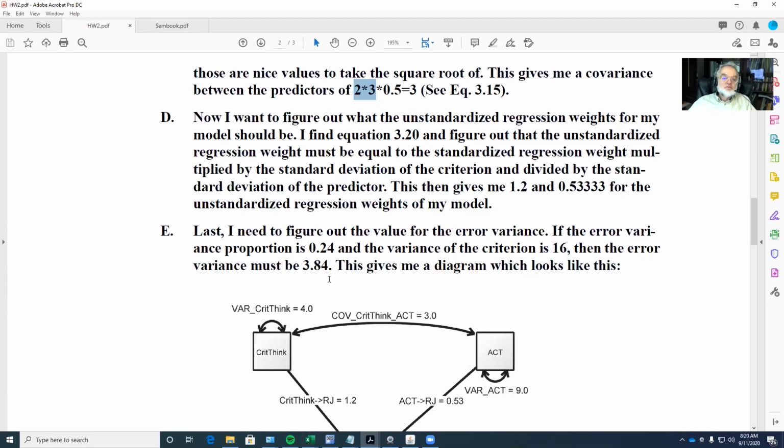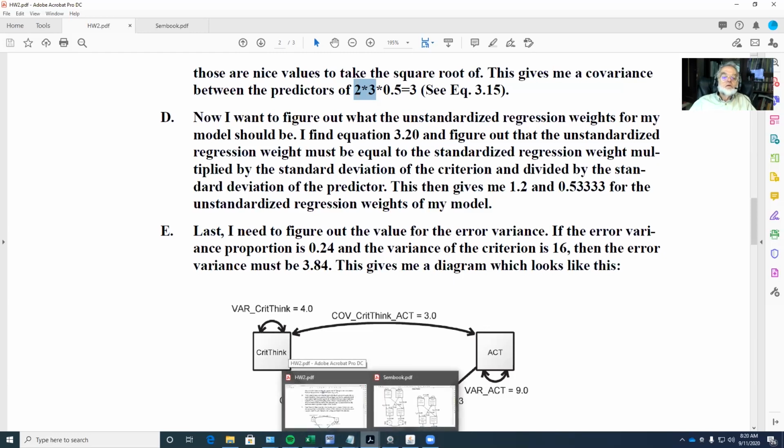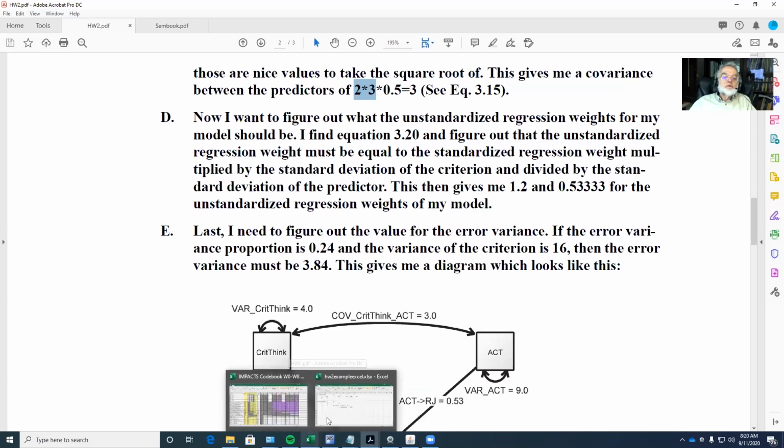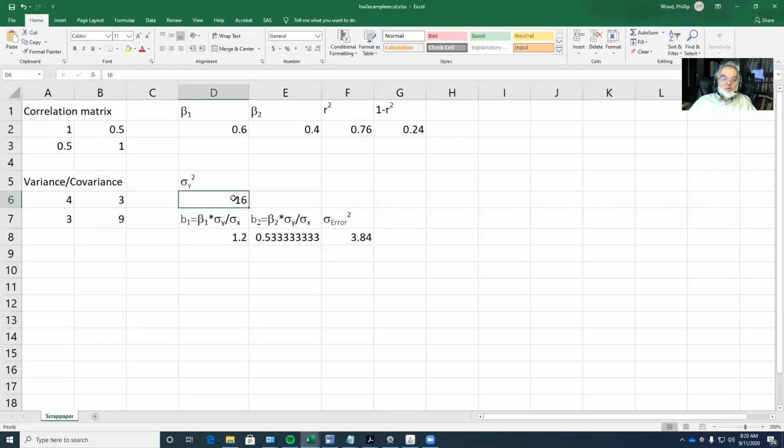So in this case, I'm going to come back into my spreadsheet and say, maybe the variance of my criterion variable is 16, mainly because I can take the square root of 16 rather nicely. If that's the case, then the unstandardized regression weight is going to be the standardized regression weight, in this case 0.6, times the standard deviation of Y, the square root of this, divided by the standard deviation of X, the square root of that, which could be 1.2.